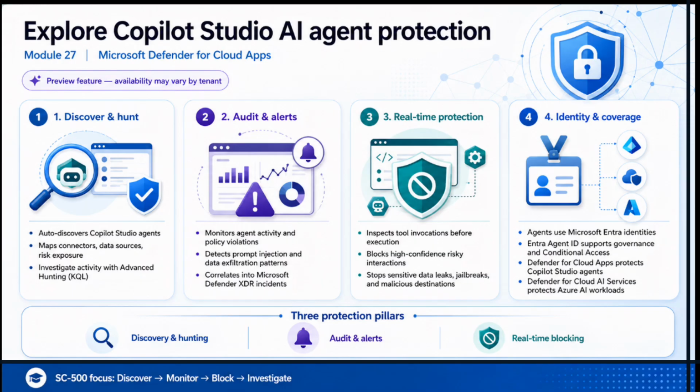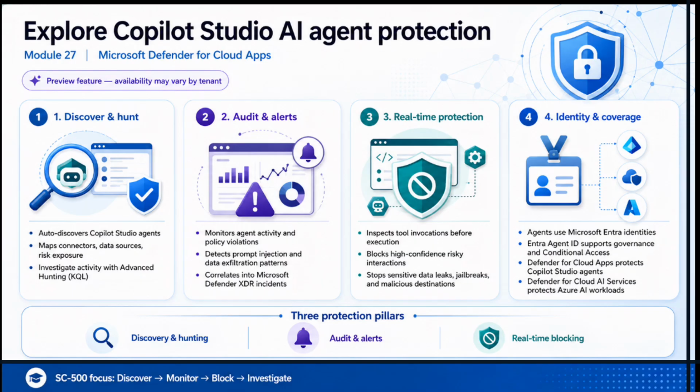Microsoft Defender for Cloud Apps helps reduce this risk through three main capabilities: discovery and hunting, audit and alerts, and real-time runtime protection. Security teams can automatically discover Copilot Studio agents, review the connectors and data sources that they use, and investigate suspicious behavior with advanced hunting KQL.